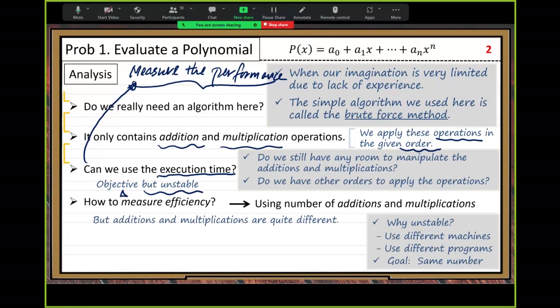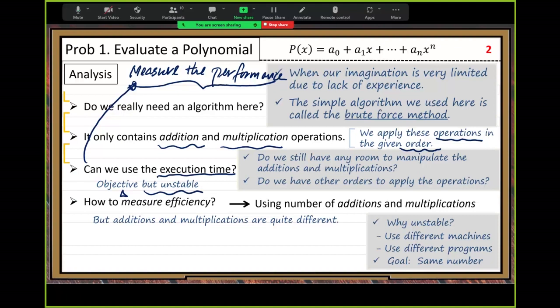But there is another problem. After we solve the first problem, another one. Because here we have two different types of operations, additions and multiplications. And we know the execution times used for addition and the multiplication are different.